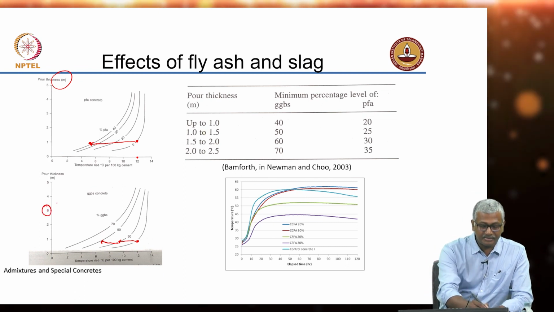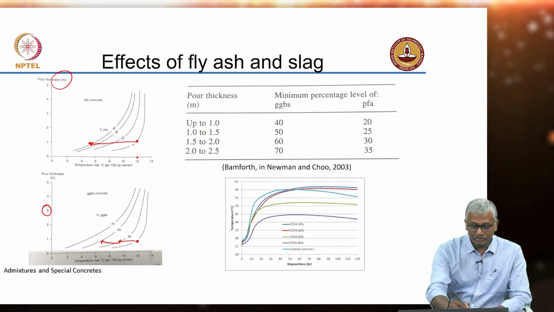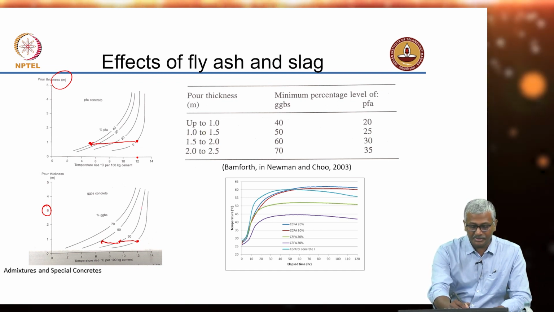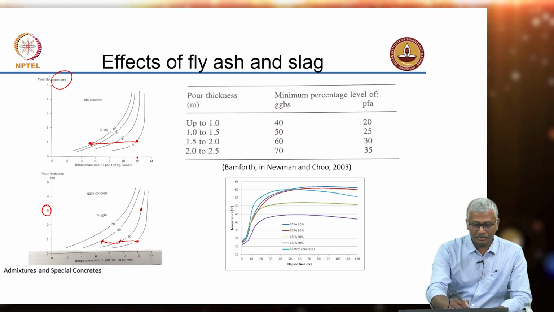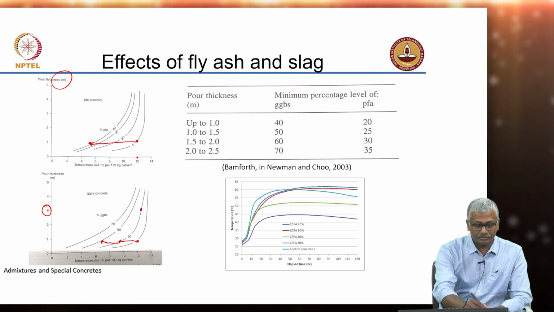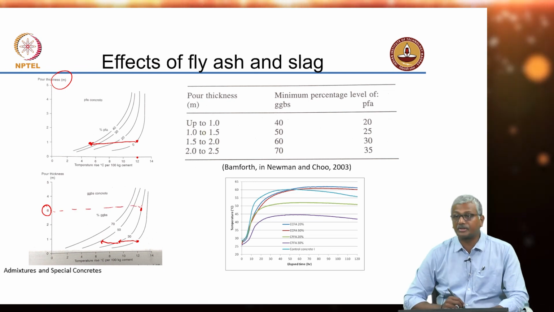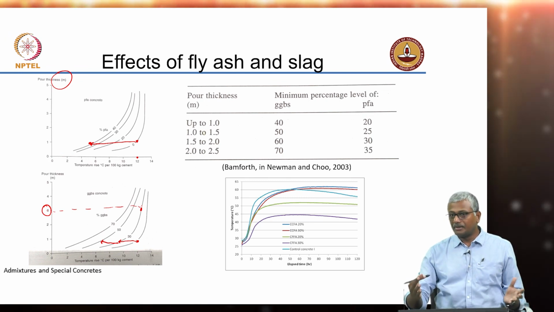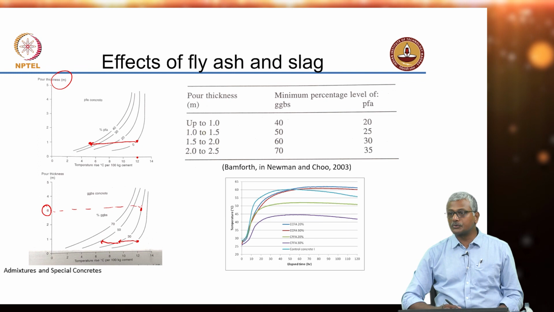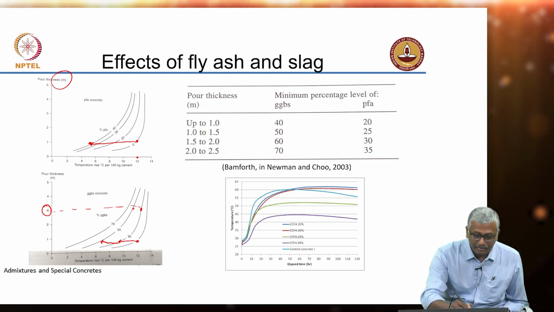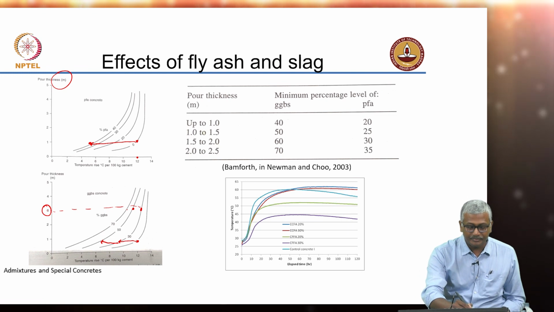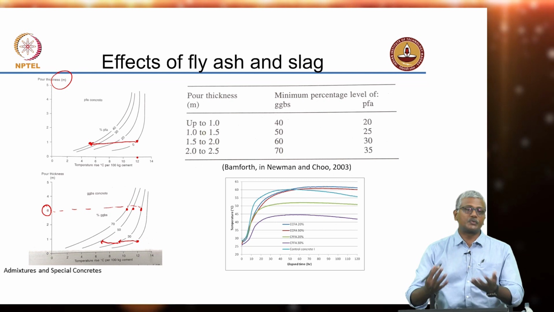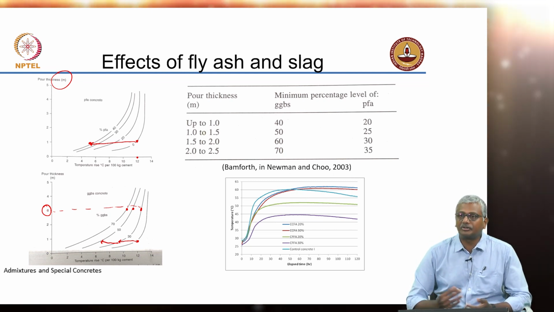So, for instance, if I have a 3 meter member, so if I choose a blend with 50% slag or 30% slag, right, I still get the 12 degrees temperature rise. Okay. The size of the member as it goes up, the benefits for my slag will reduce significantly. But if I choose 50%, I can bring it down to about 10 degrees or slightly less than 10 degrees when I choose 70% slag. So, I have to choose very large amounts of replacement to really get the benefit of lower temperature.